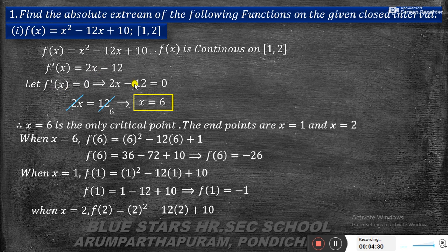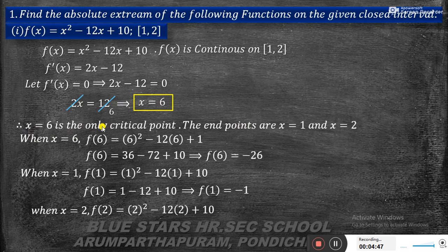So 2x minus 12 equal to 0 means 2x equal to 12. Dividing by 2, x equal to 12 by 2, which is 6. So x equal to 6 is the only critical point.